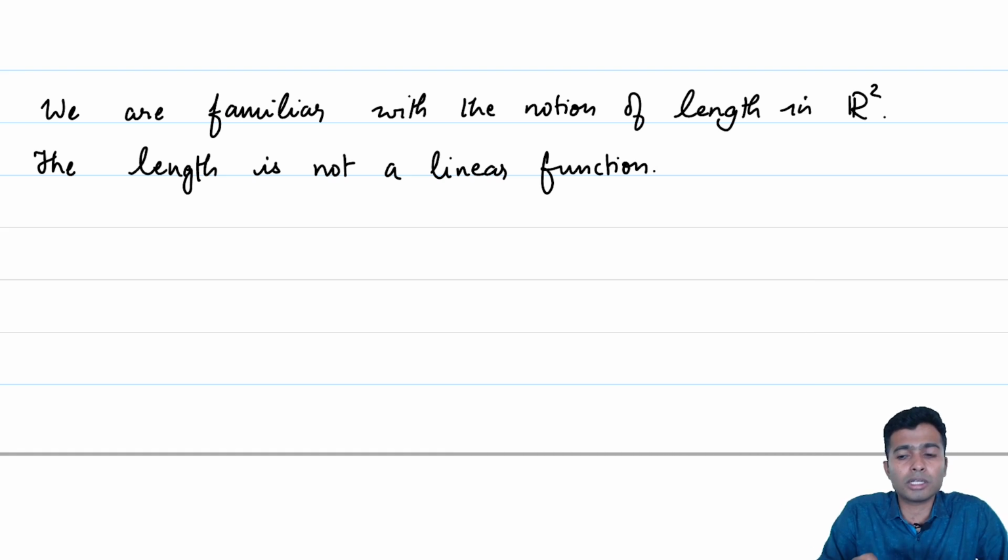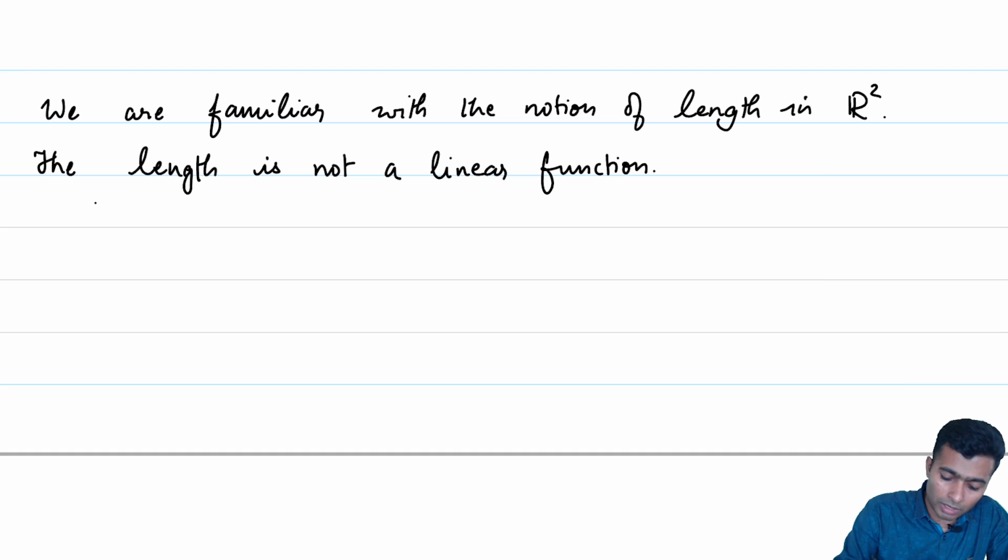So the length is not a linear function, and considering vector spaces for so long, it's desirable to look at things which will turn out to be linear, and immediately we will be led to thinking about what gives us the notion of length in R2.